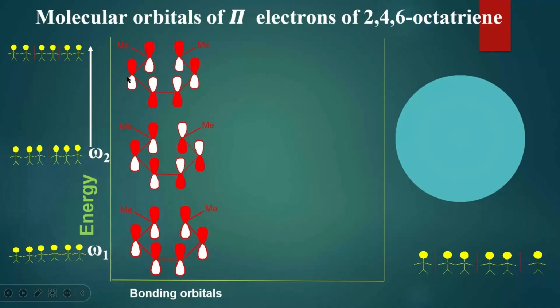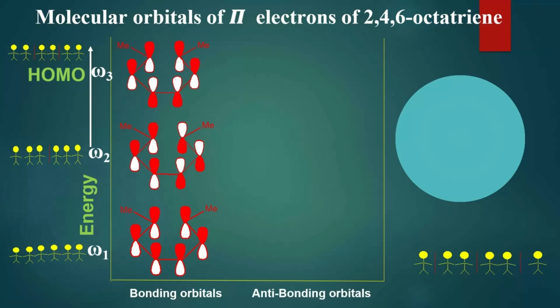This is 6 friends in 3 subgroups. The first two are in one phase, the second two are in the opposite phase, and the third group is opposite to the second one. This is represented as psi 3. Now the highest occupied molecular orbital is psi 3.